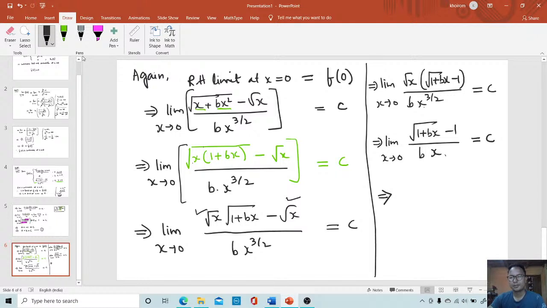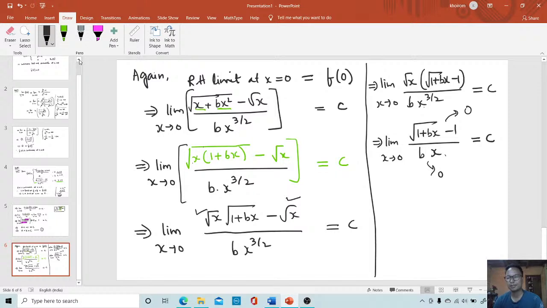All right, for the time being, let's substitute the limit, and we get 0 by 0. Okay, that is right.